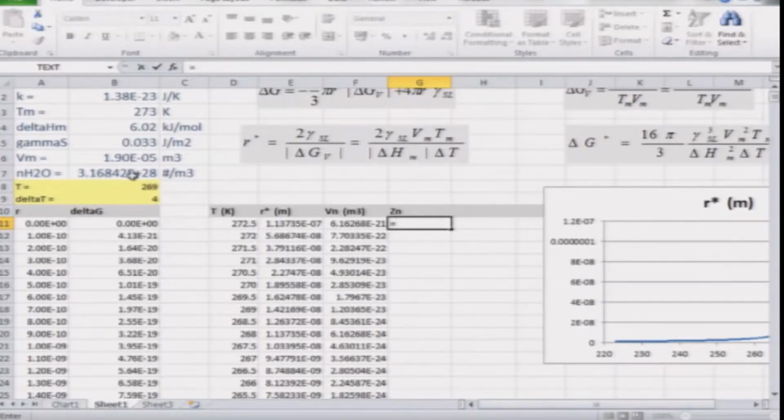In 1 meter cube I have 3.168 E28, that is the number in 1 meter cube, multiplied by this volume in F11. This gives me so many molecules that would be there to form a critical size nucleus.